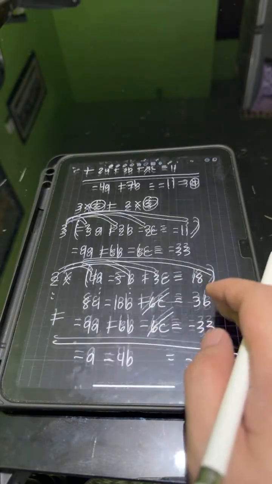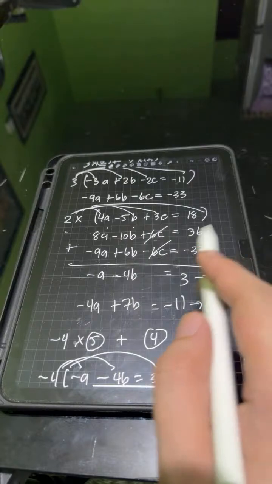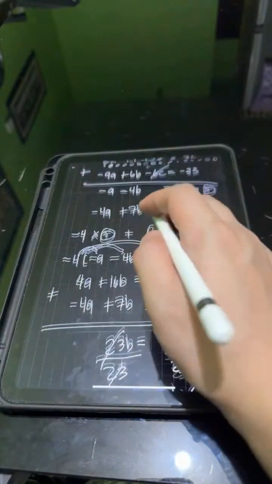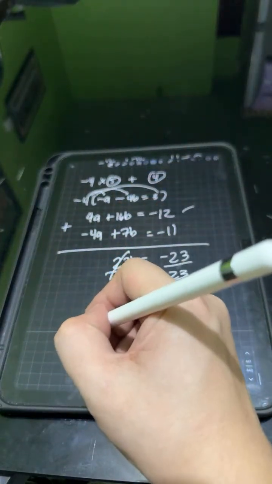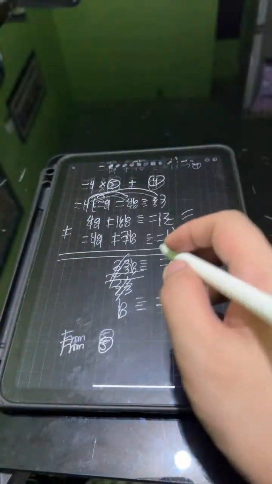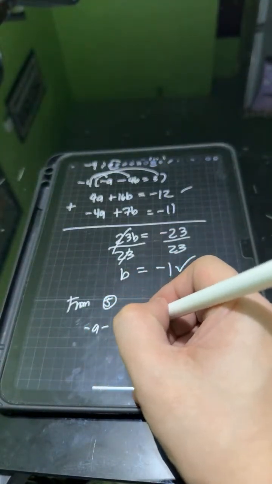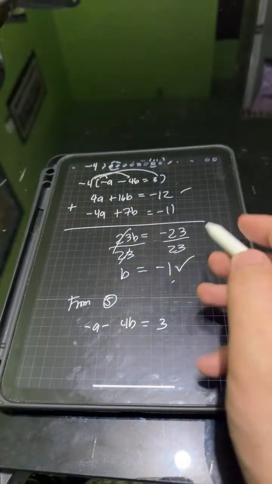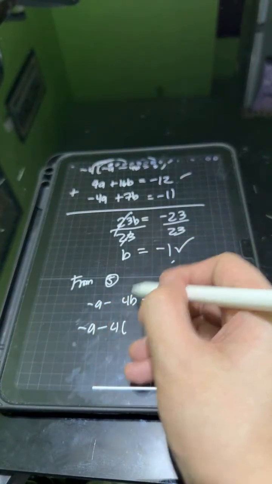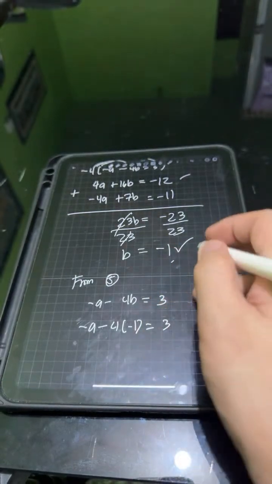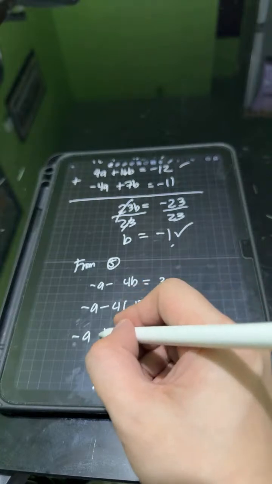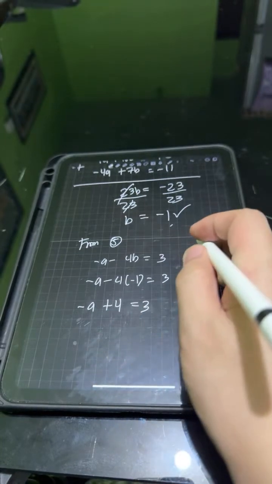The easier equation to solve for a is equation 5. So from 5, which is negative a minus 4b equals 3, substitute the value of b that we have, negative 1. So negative a minus 4 times negative 1 equals 3. So negative a minus 4 times negative 1, positive 4, equals 3.